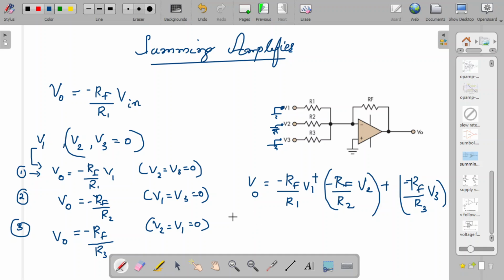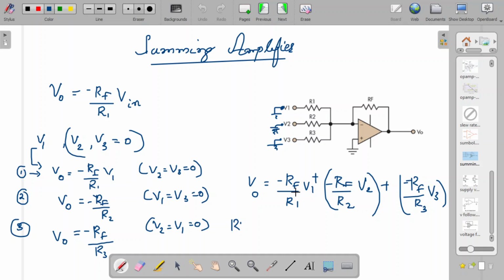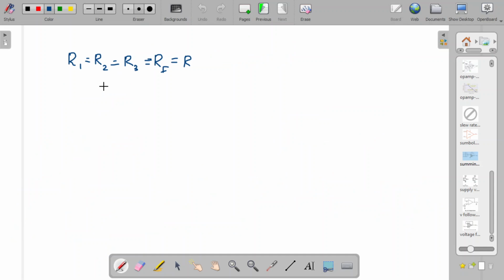Now if you keep R1 equal to R2 equal to R3 equal to RF equal to R, then it is very easy, everything gets cancelled. Since everything is equal, you will get the output voltage VO equal to minus (V1 plus V2 plus V3).